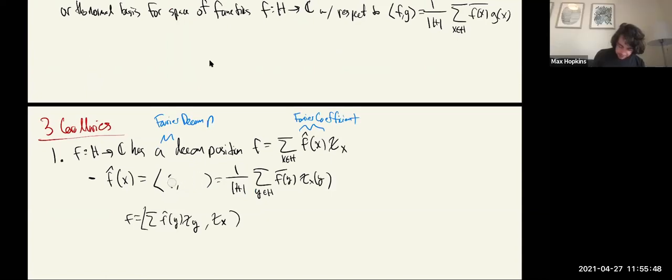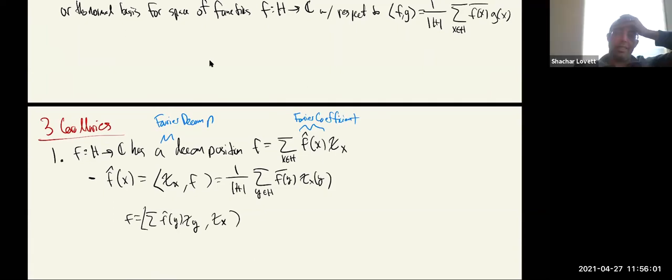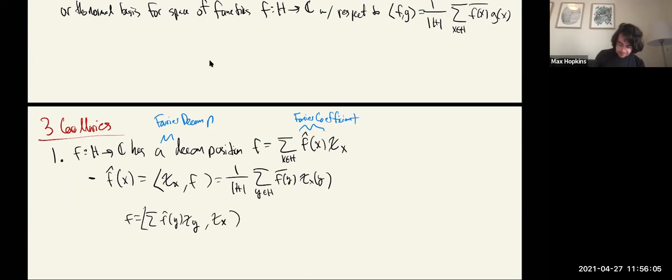Okay, I think Shahar is right. Maybe we'll fix this in the notes after. So you want to conjugate, but you still want to keep the definition. It doesn't really matter. Okay, we'll just write this as the inner product of chi x with f. I think something might be slightly flipped in the notes. We'll fix this after class.